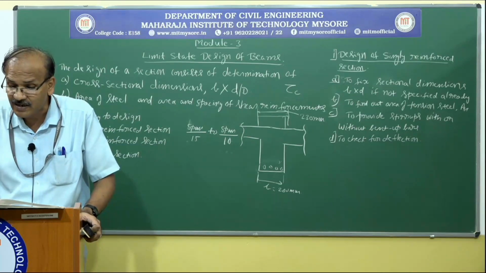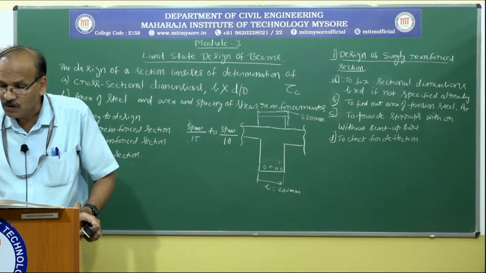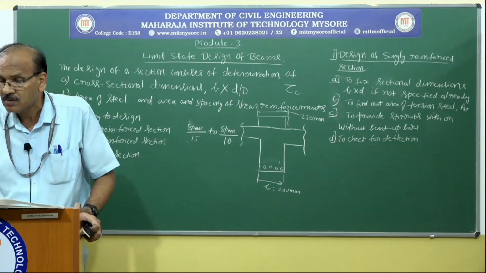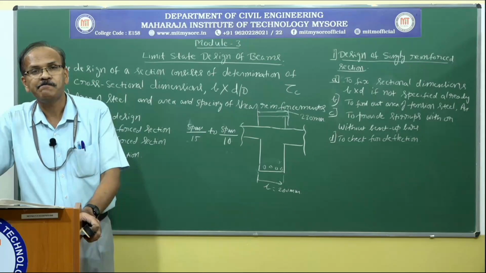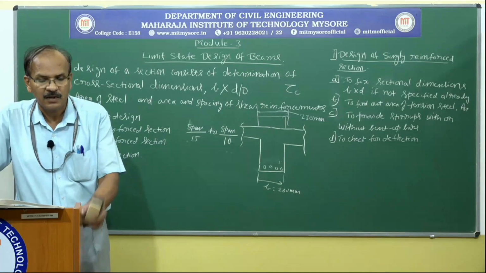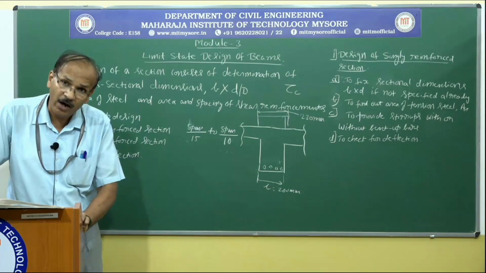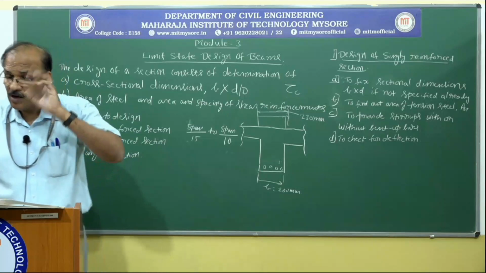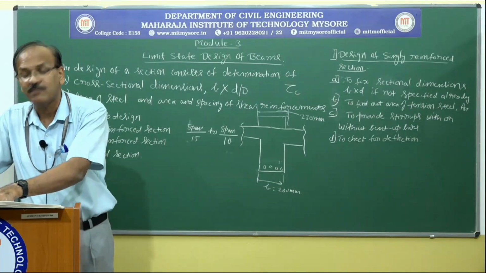In the first column at the end, it says 23.2 control of deflection. What the code says is you can check for actual deflection, but that is cumbersome. But you can avoid that by checking for the condition of 23.2.1.